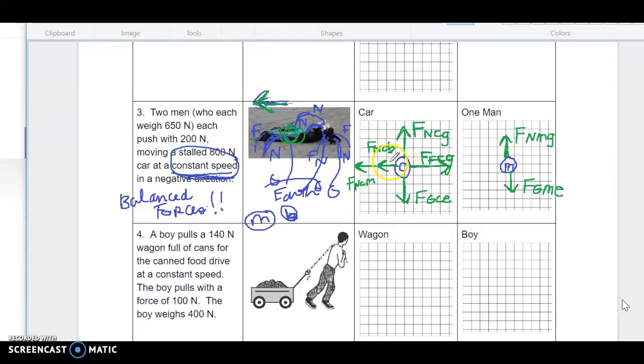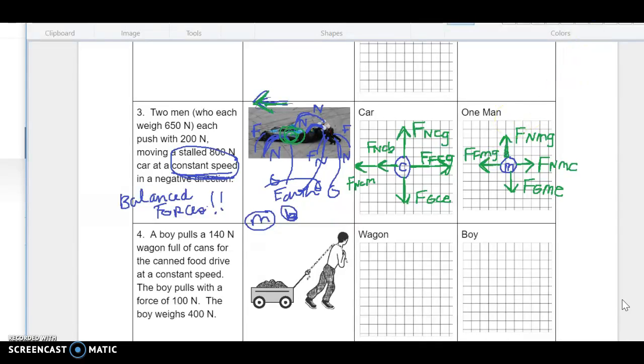If the man is pushing the car to the left, he's going to feel pushed to the right by the car. So this goes this way, force normal on the man from the car. And there has to be friction to balance it, acting in this direction. So force of friction, man, ground.